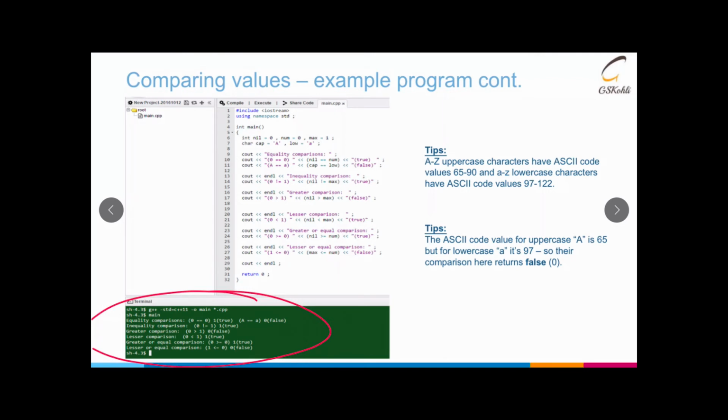That's why these two are both letter A's, but lowercase and uppercase are considered two different numeric representations. I hope this makes sense to you. If you're not 100% sure, have a look at the previous sessions. It might help you build your subject knowledge and build on what you've already done so far.